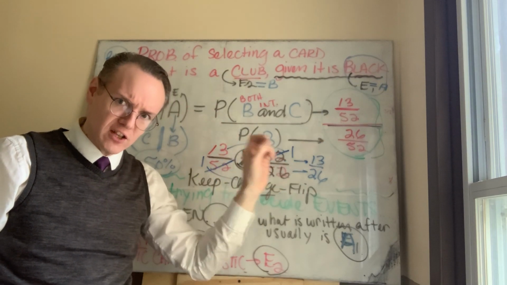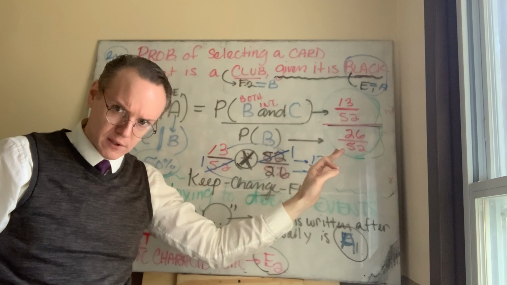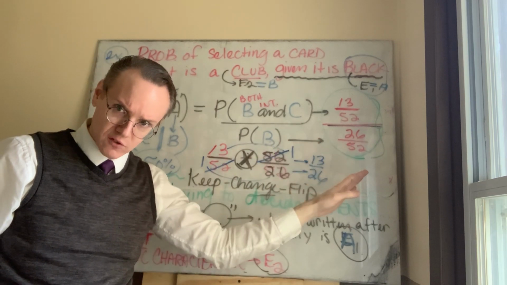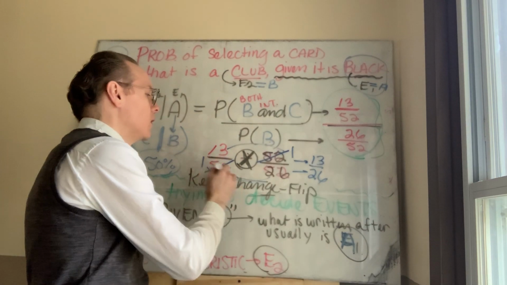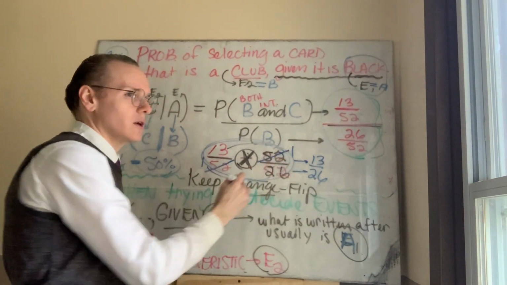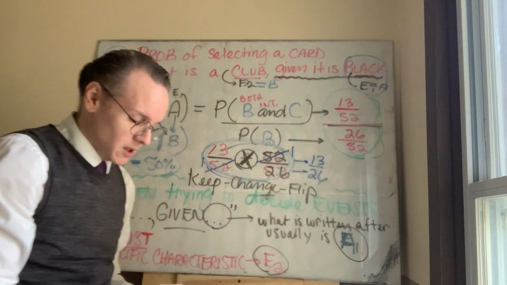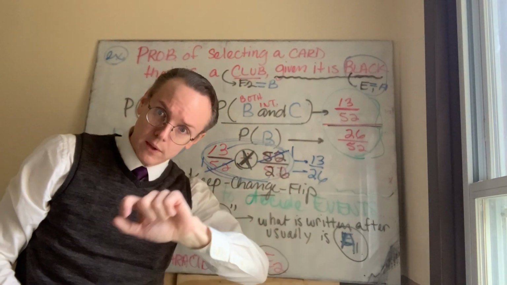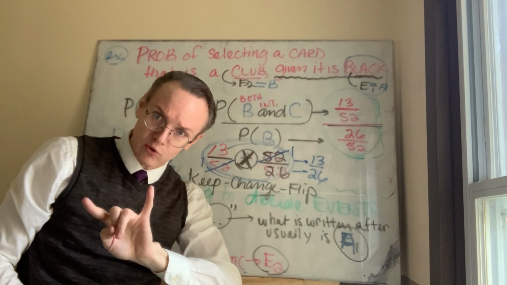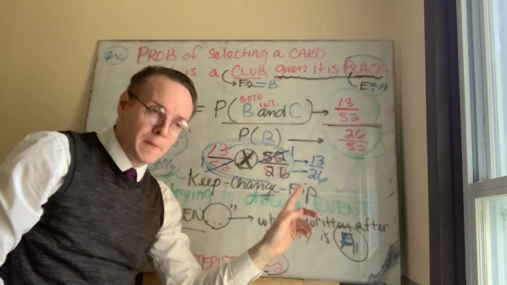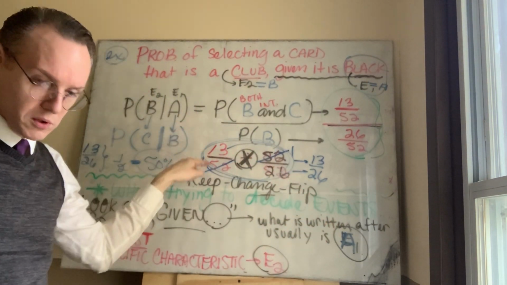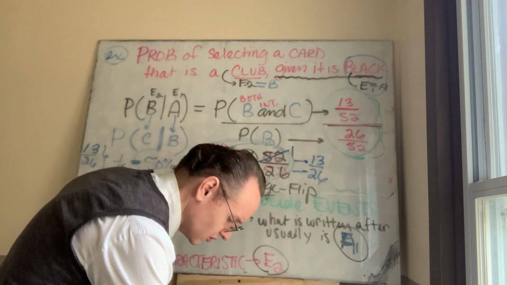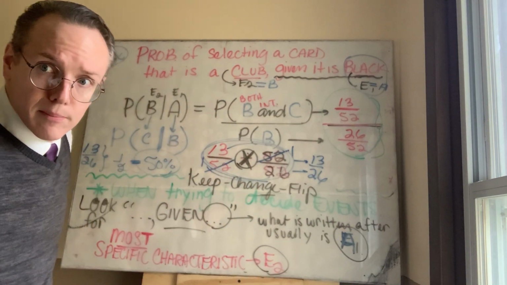Because of the way that it's phrased, number of events, number of outcomes favorable to the events, you're sort of skipping having to do this work of keep, change, flip. I think the formula with the intersection symbol and the subscripts E1 and E2 is better. But if it makes more sense to you, use this formula, because it's just the probability divided by a probability.